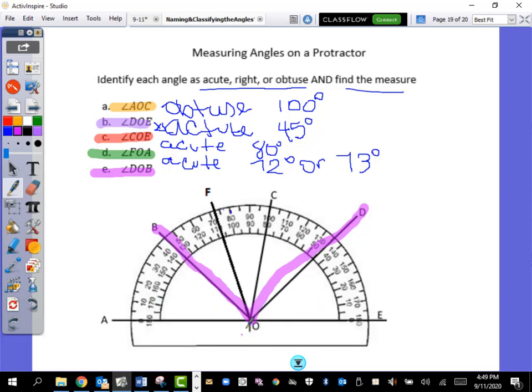So I have to find what's the angle for B and then what's the angle for D. For angle B, I'm going to use the top one. And it's between 40 and 50. So it would be 45. And then for angle D, it is located between 130 and 140, so it would be 135.